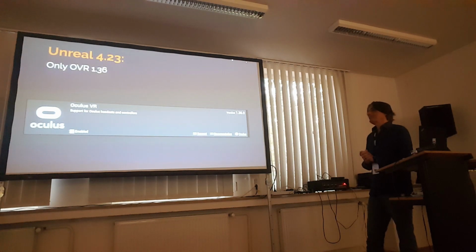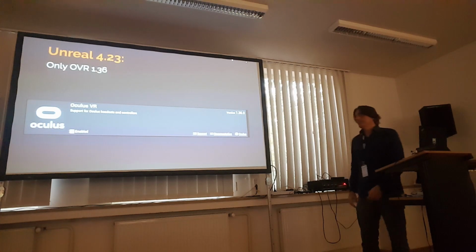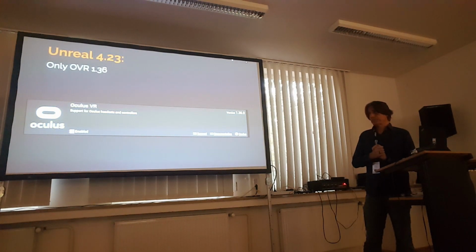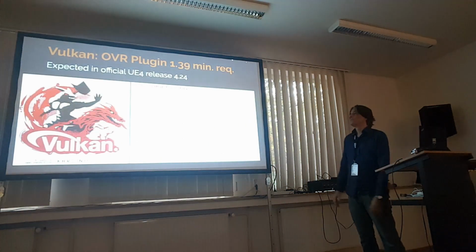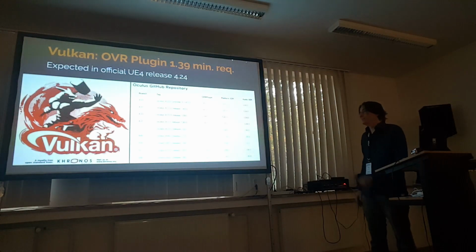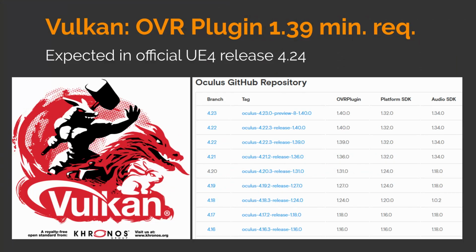But if we look at the current version of Unreal, 4.23, we notice that only Oculus VR 1.36 is included in the official version, and that's actually the version that doesn't support Vulkan. So to be able to get the Vulkan version, we have to pull it from GitHub, from the Oculus branch.